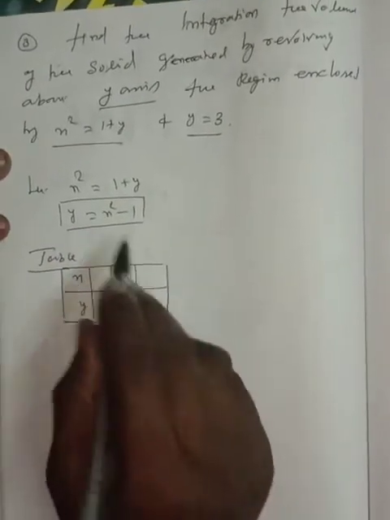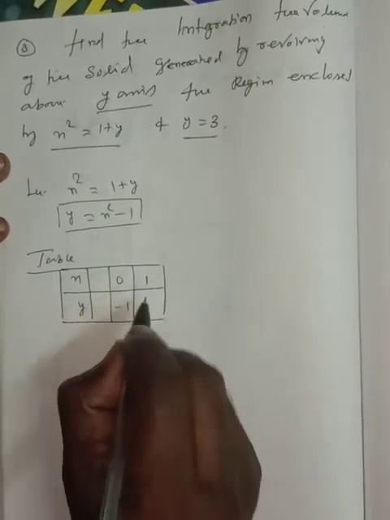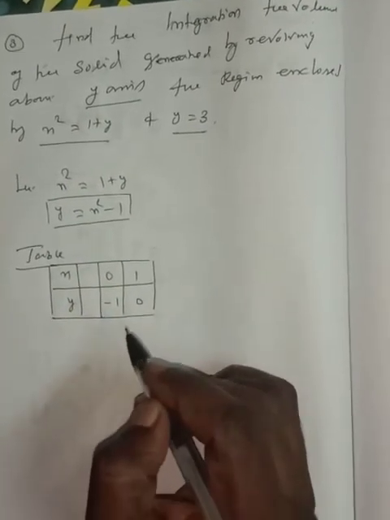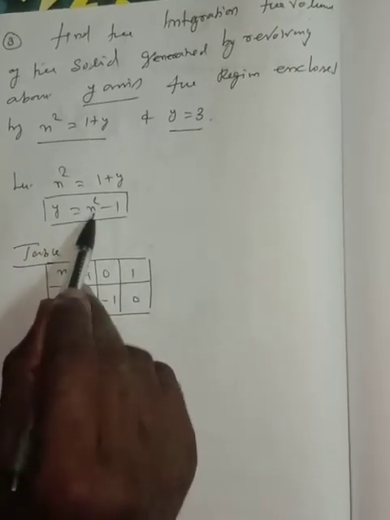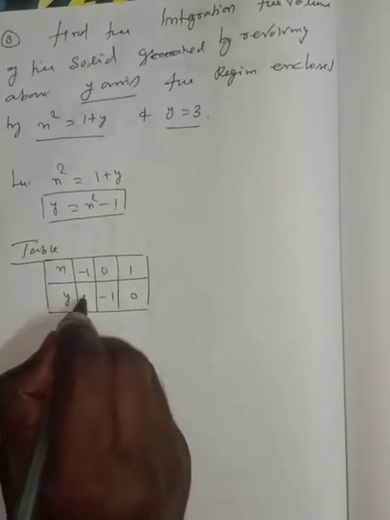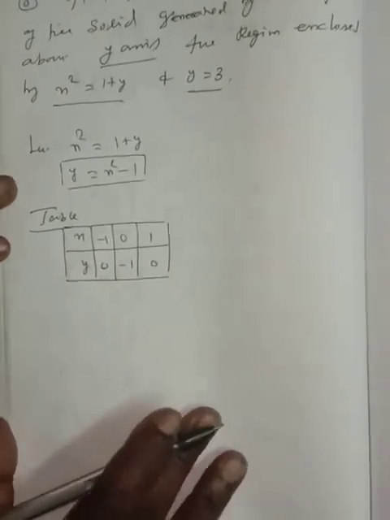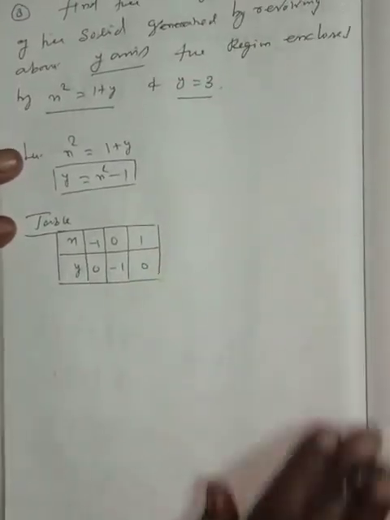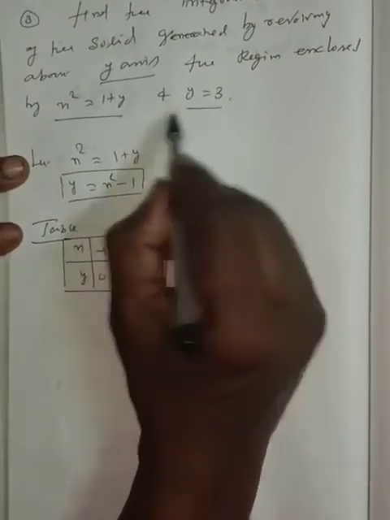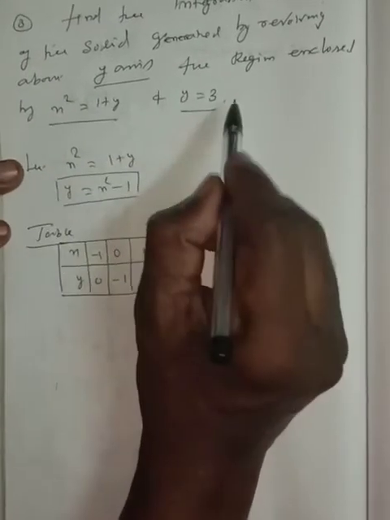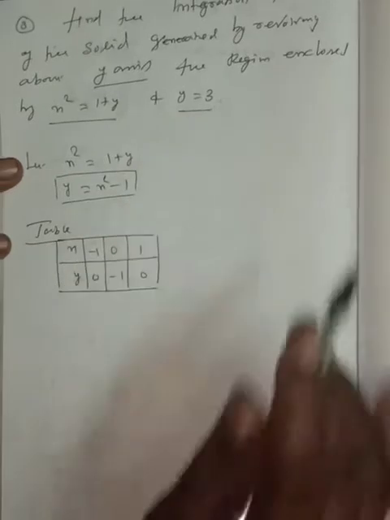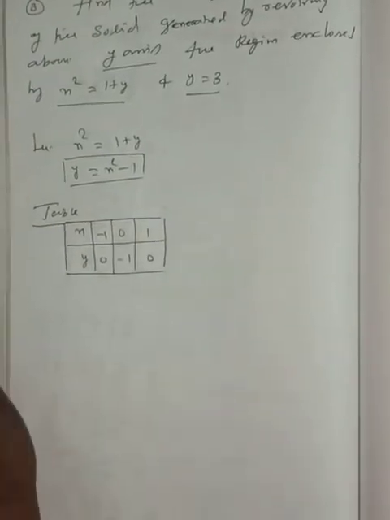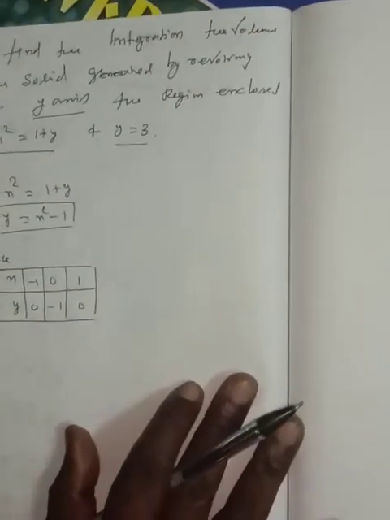For x is equal to 1, apply: 1 square is 1, 1 minus 1 is 0. For x is equal to minus 1, minus 1 whole square is positive 1, positive 1 minus 1 is 0. Next, we know that y is equal to 3 is a straight line passing through 0, 3. Okay. Now draw a diagram.